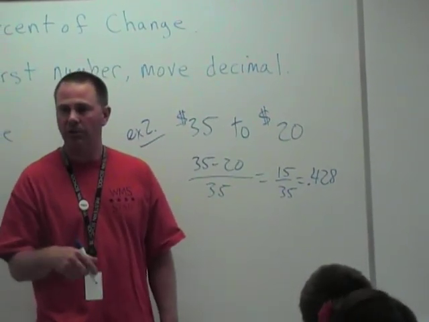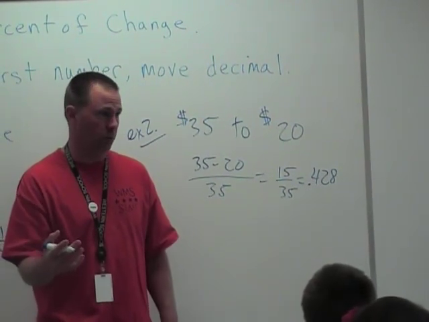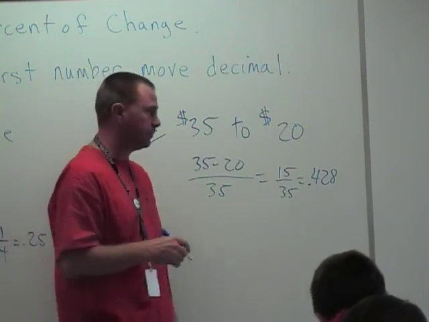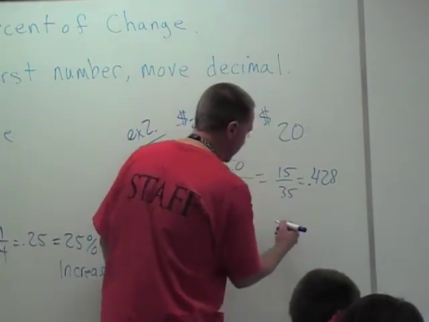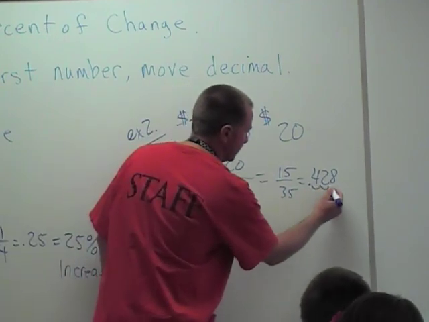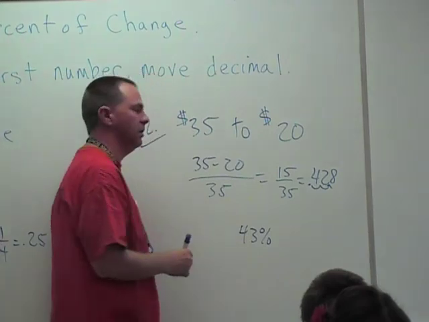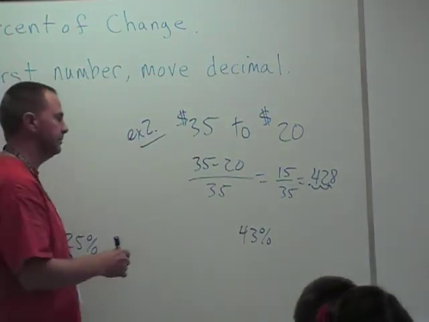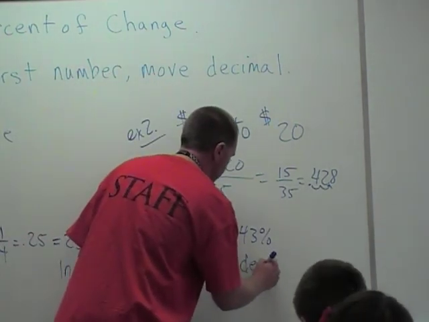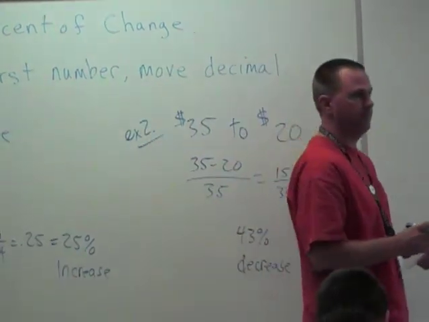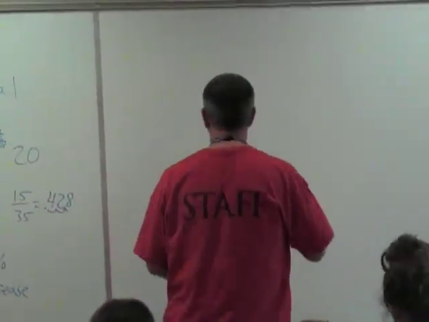They'll tell you what to round it to. If they don't tell you what to round it to, the general rule is round it to the nearest 10. So I want the nearest whole number on this one. So I move this 2 places to the right. That's going to be 43%. Is it an increase or decrease? Decrease. Okay. Pretty simple? Yes? All right.